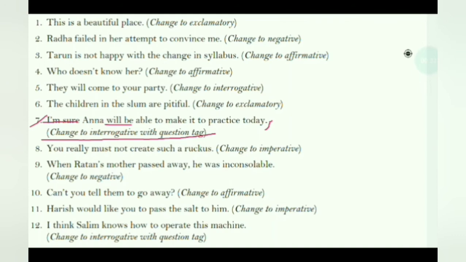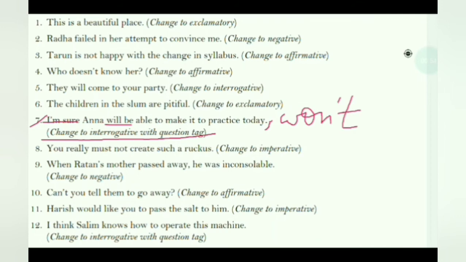As I told you, if the statement is positive then the tag would be negative, and if the statement is negative then the tag would be positive. Here the statement is positive, so the tag would be negative, and the negative of "will" would become "won't." "Will not"'s short form is "won't."